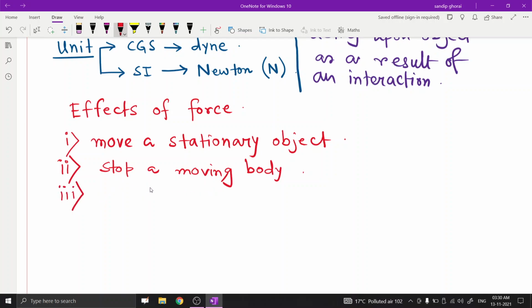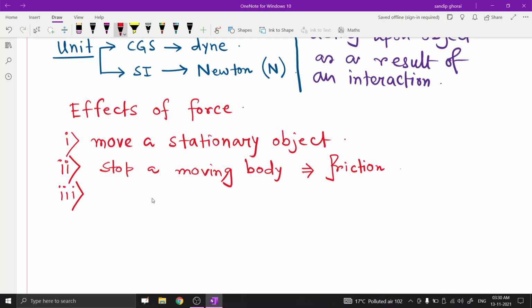This force that stops a moving body is the frictional force. In general, when a body starts to move on a surface, the contact surface applies a resistive force, that is called friction force.